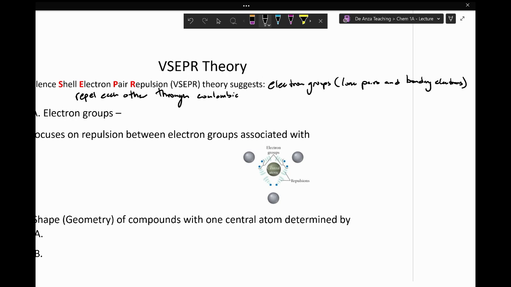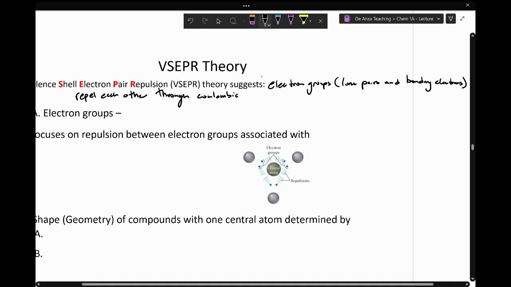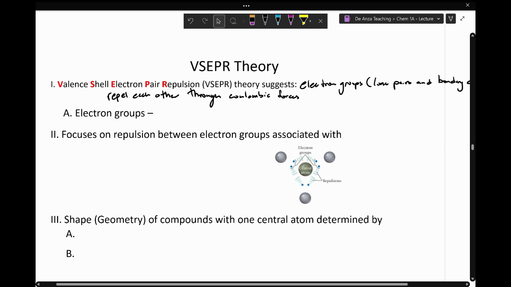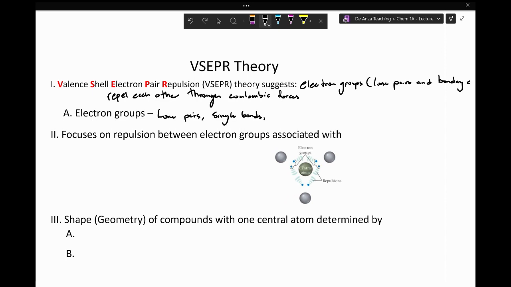Meaning that these are similarly charged, electrons being negative, and they repel each other just like magnets, through Coulombic forces. And so, like I said, electron groups are lone pairs, single bonds, multiple bonds, and single electrons.